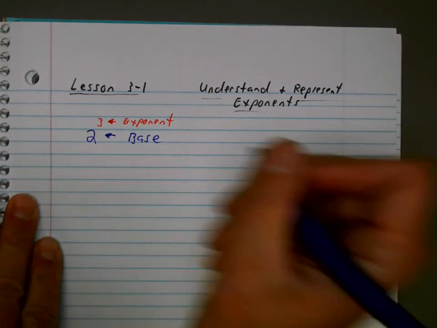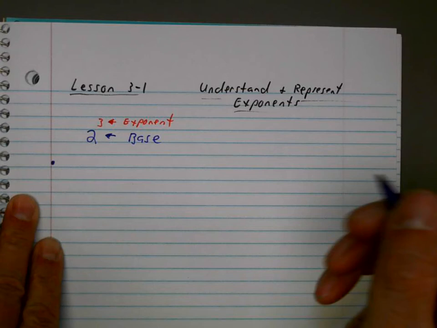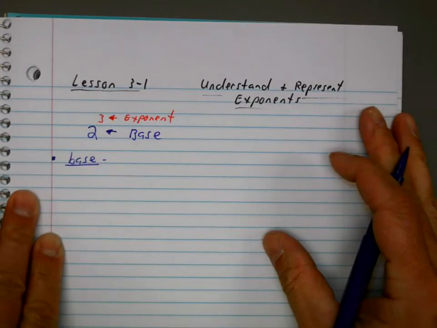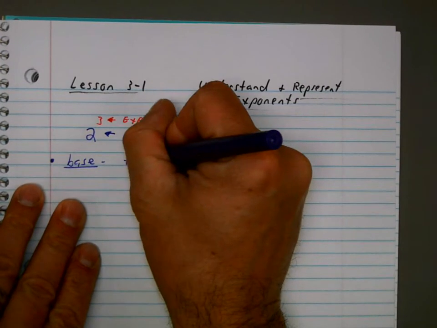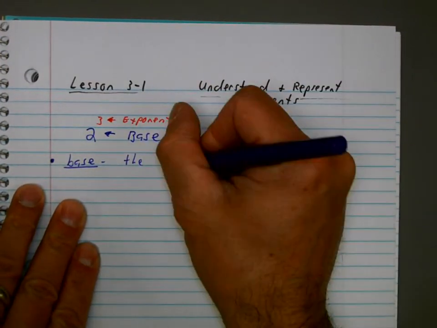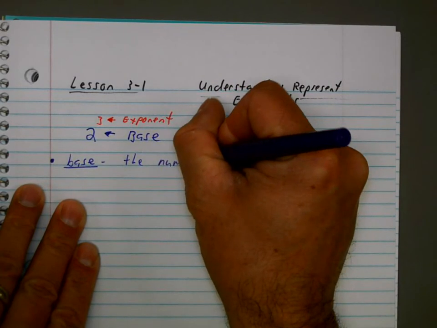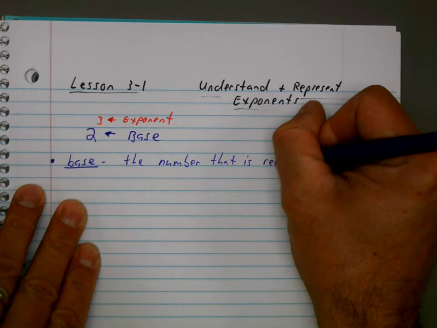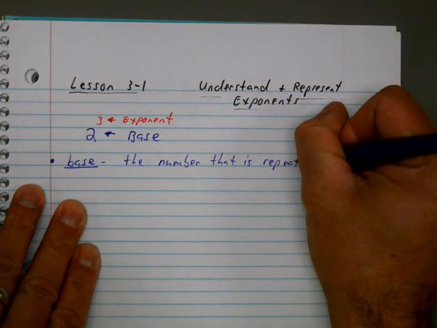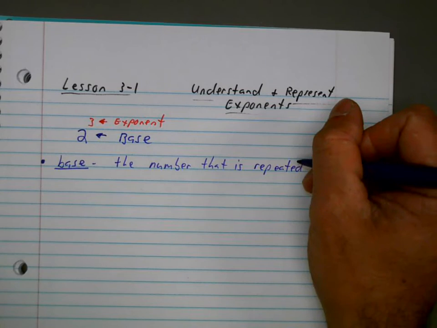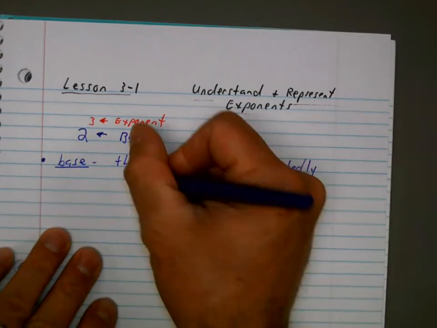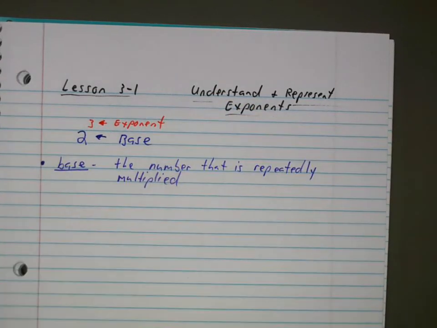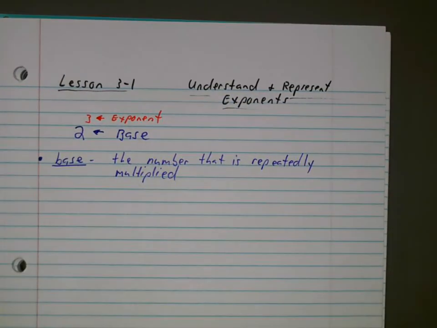So we'll skip down here, put a little bullet, write the word base. And the base is the number that is repeatedly multiplied.